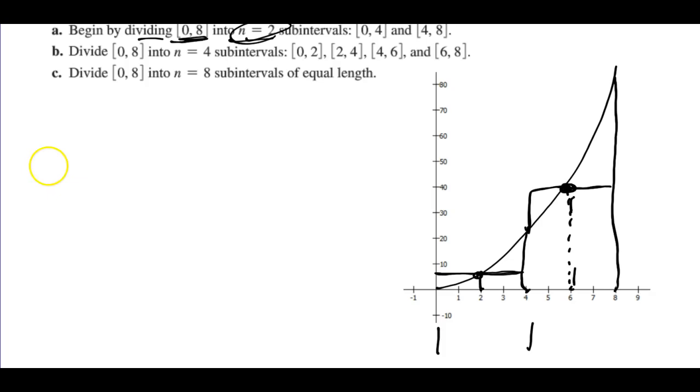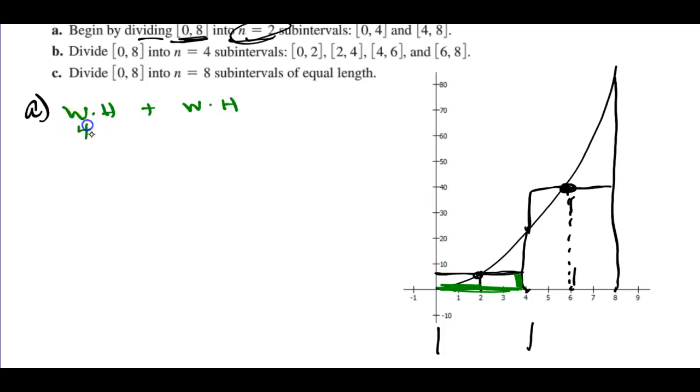For part A, my first rectangle, the width is 4. All I have to do is width times height, plus the next width times height.